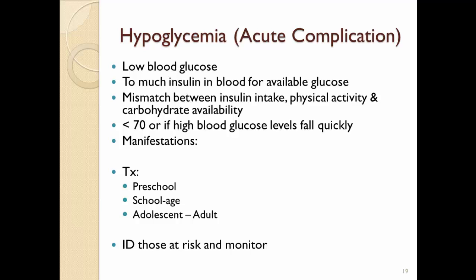I'm going to give them 15 grams of carbohydrate. So, 4 ounces of juice or soda, or 1 cup or 8 ounces of milk is what is available. I'm going to give them this. That doesn't mean I'm going to add sugar and all this other crazy stuff to it. Give them 15 grams of carbohydrates.